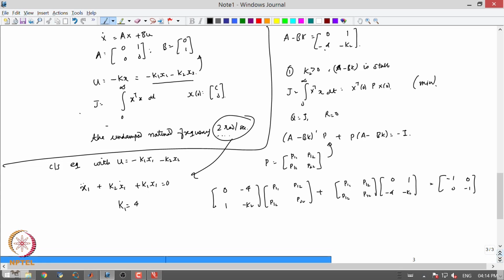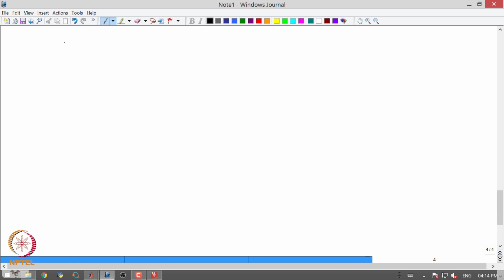So I just have to solve for P11, P12, P22 in terms of k2. I rearrange terms and go through some computations, and P is 5 over twice k2 plus k2 over 8, 1 over 8, 1 over 8, 5 over 8 k2.